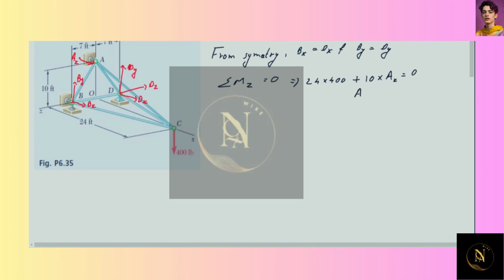So from here we can write the value of AX will be equal to 960 lb. So we got the value of AX.